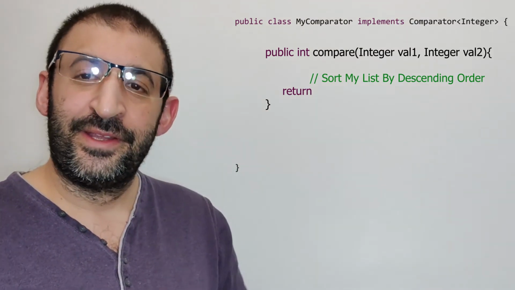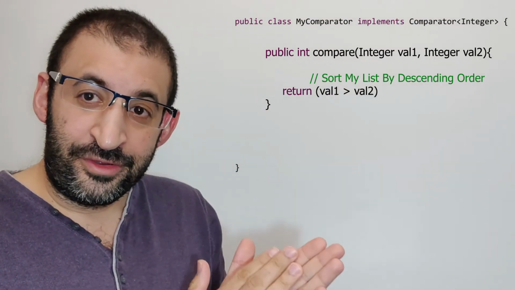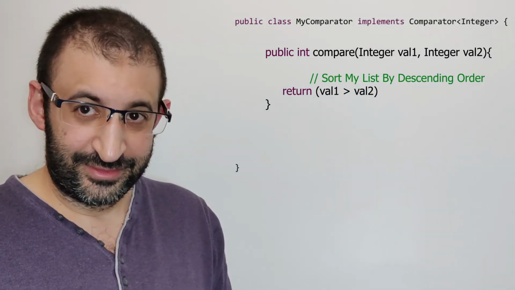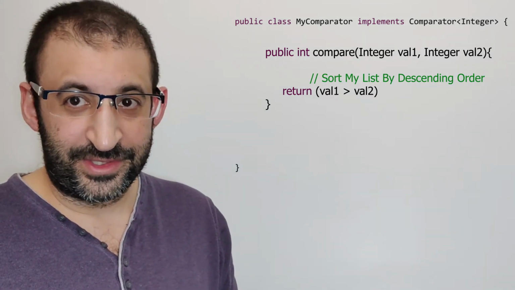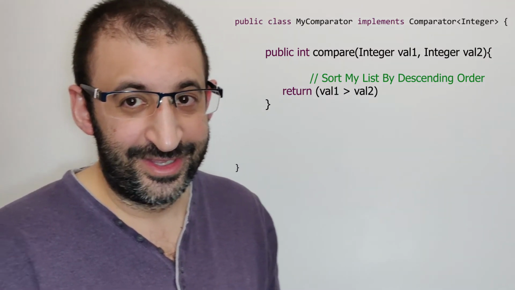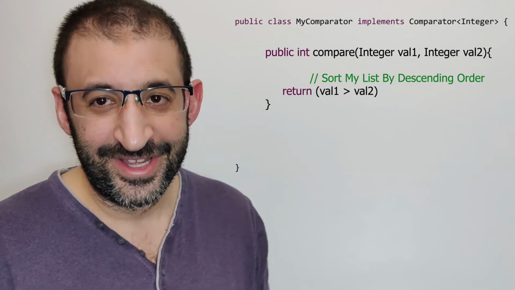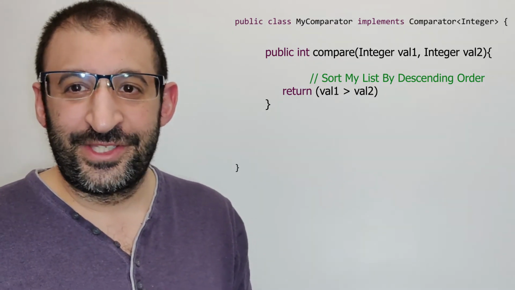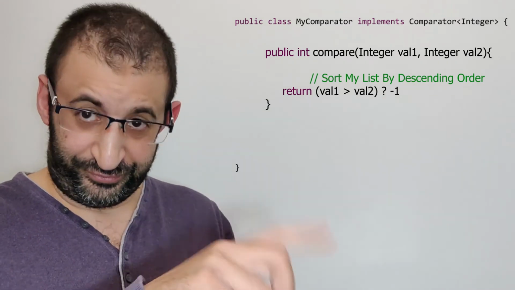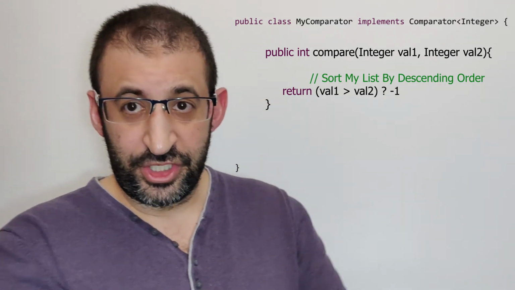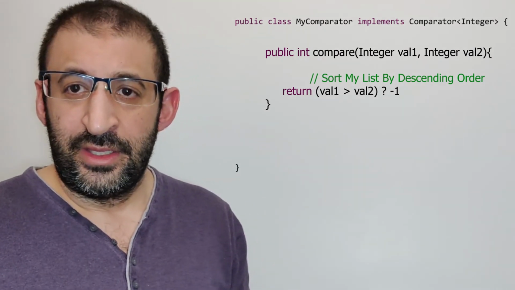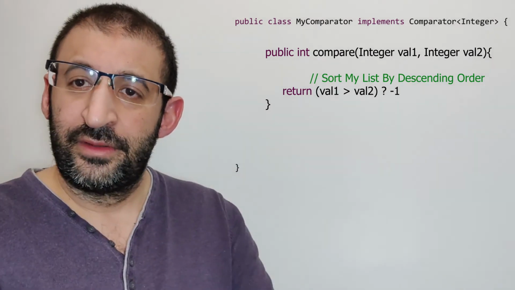I will open parentheses. If value 1 is bigger than value 2, it comes before. If that is the case, I will put a question mark and it returns -1.